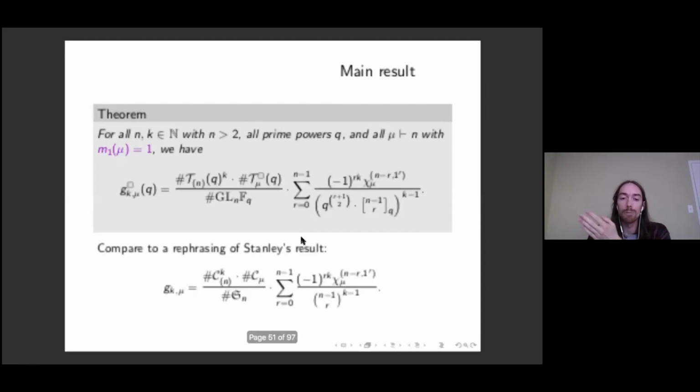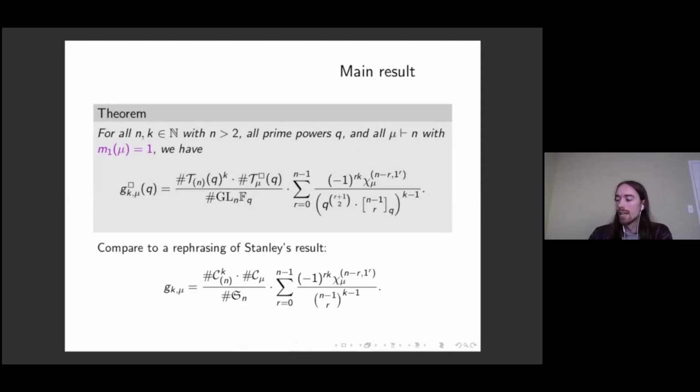So if you compare that to this following rephrasing of Stanley's result, then I hope you can see much clearer that this is basically a Q analog. And I'll talk on the next slide about maybe more precisely how it's a Q analog of the symmetric group result. But at least the formulas look quite analogous. I've just swapped out the corresponding sets with what I see as their analogs.